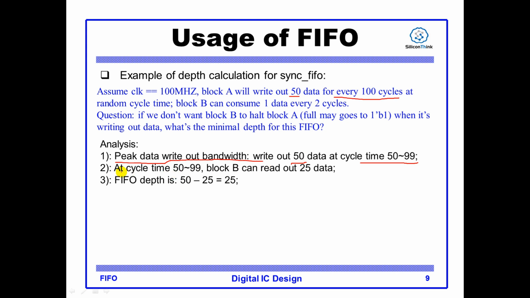And in this period, block B can read out only 25 data. So you can calculate the depth of the FIFO. 50 minus 25 equals 25. So we have the depth of 25 for a FIFO.